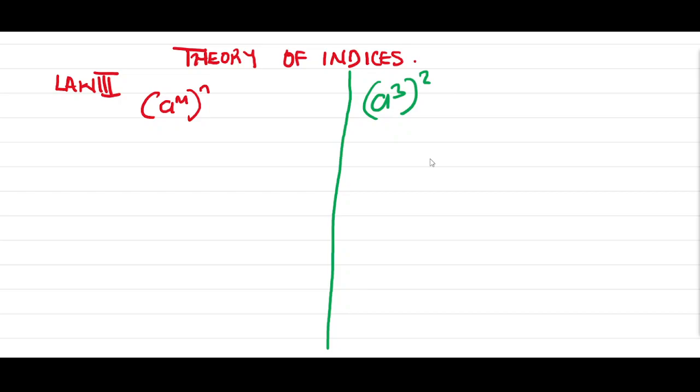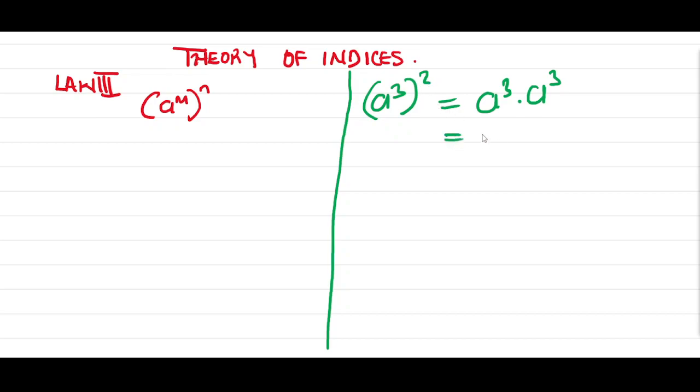Here is how. Since this a to the third power is raised to the power of 2, we're going to treat this as one single quantity, which it is really. So this will be a to the third power times a to the third power again, because by indices we multiply it by itself twice.